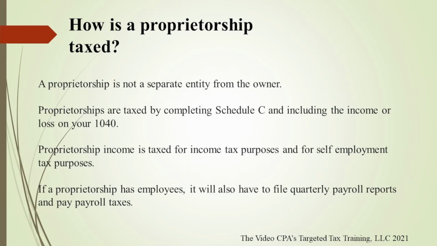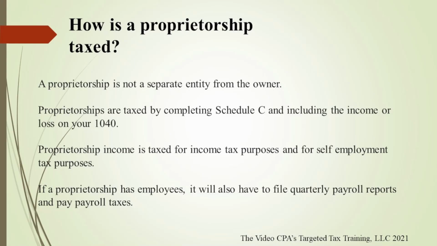So proprietorship income is actually added into your other income. If you've got a spouse that's working at a W-2 type job, your income is added into their income. If you're working at a W-2 type job, same type of thing. Or if you've got interest income or something like that, all that stuff is added together for a proprietorship. So a proprietorship actually files what's called a Schedule C, which is a business schedule, and it's attached to your 1040 personal income tax return.